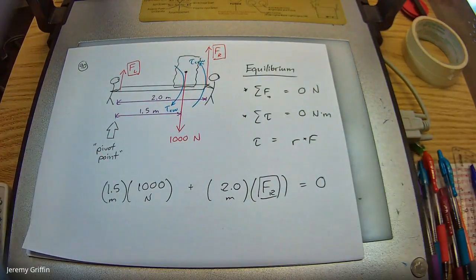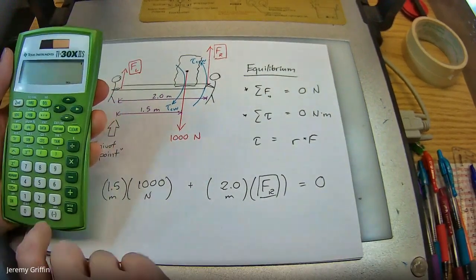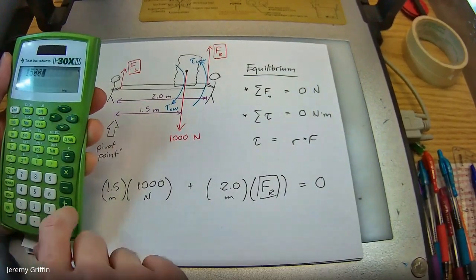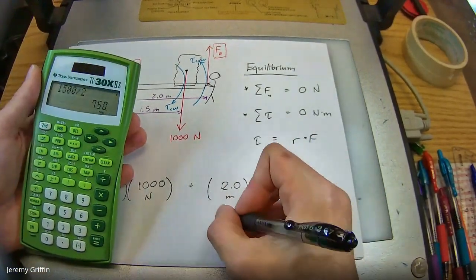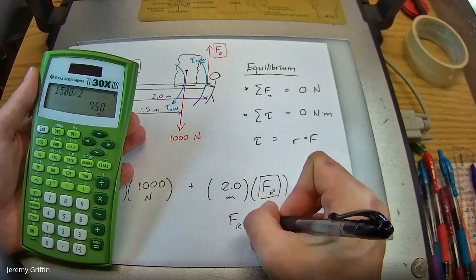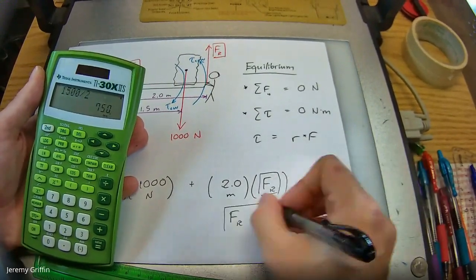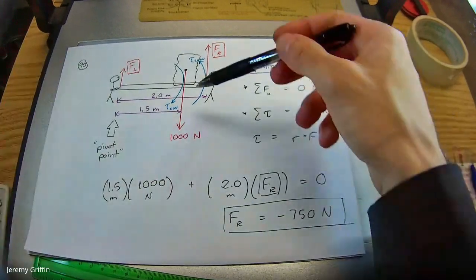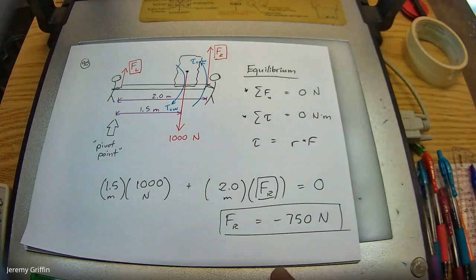So this is 1,500, subtract that over, divide by 2, just algebra. It's negative 1,500 divided by 2, so the right force is negative 750 newtons. It's negative because the weight I assigned is a positive number, so up would be the opposite.